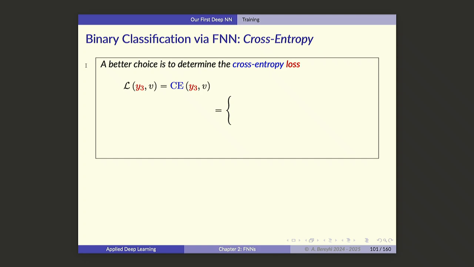So the cross entropy, we defined it in this form. So this was the cross entropy, which is basically the logarithm of 1 over the probability of the label, right? So if the label is 1, then it's going to be 1 over y3, because y3 is the chance of being 1. If the label is 0, then it's going to be a logarithm of 1 over 1 minus y3, which is basically the chance of being 0, right?